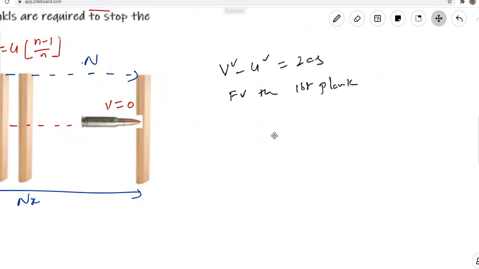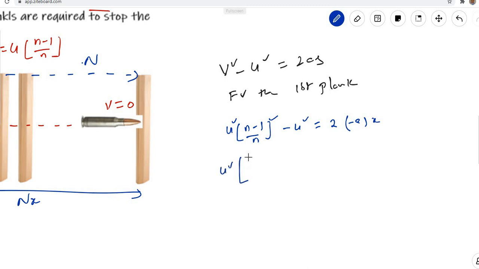Let us substitute that. So if I substitute these values, the final velocity I said is u into (n minus 1) by n, whole square, minus u square is equal to 2 into, actually it is retarding, the velocity is decreasing with retardation, so we have to write minus a into x. If I take u square common, it becomes ((n minus 1) whole square minus n square) by n square is equal to minus 2ax.